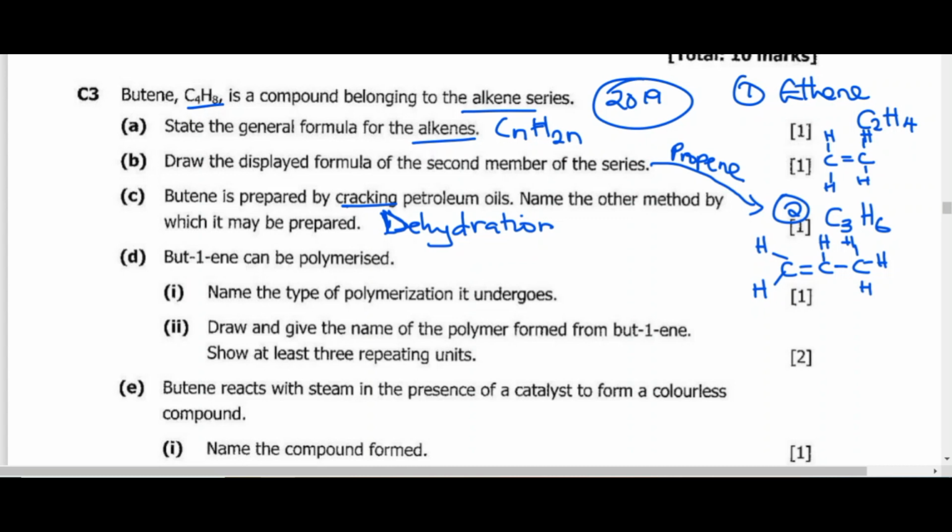Butane can be polymerized. Name the type of polymerization it undergoes. Because here in butane we have a double bond, meaning we can add.